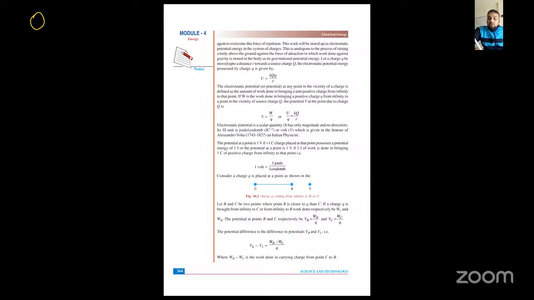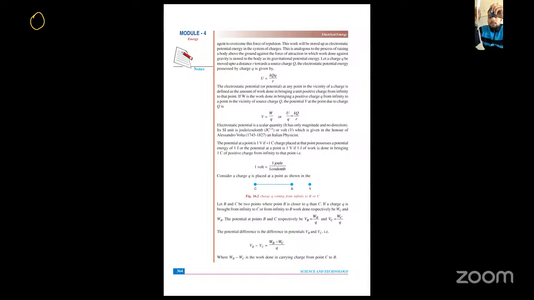Now, for example, if I'm rubbing this material with the paper, because of the rubbing there is a transfer of electrons. They are neutral right now, but when I rub it, this becomes negatively charged and this becomes positively charged. Why? Because the electrons in this object are transferred into the paper, making it negative and the other positive.